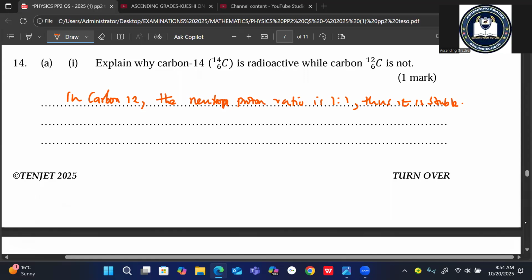While in carbon 14, the neutron proton ratio is greater than 1. Thus, unstable.